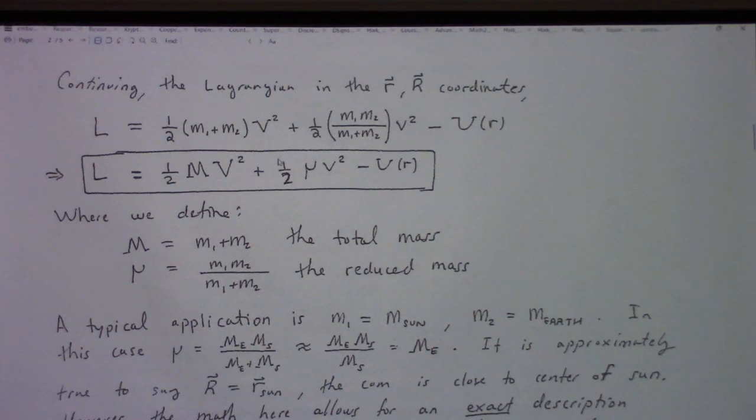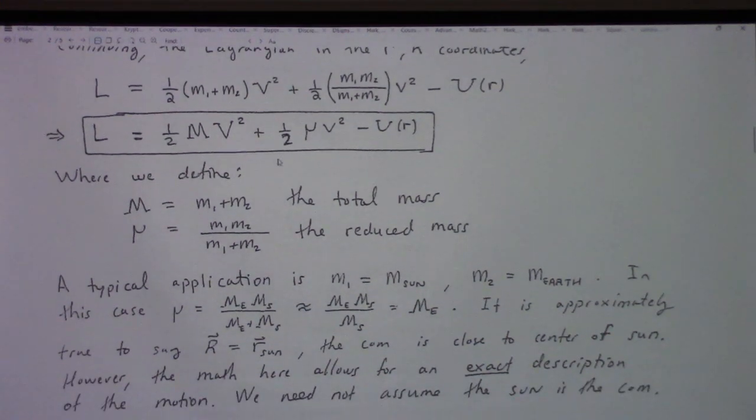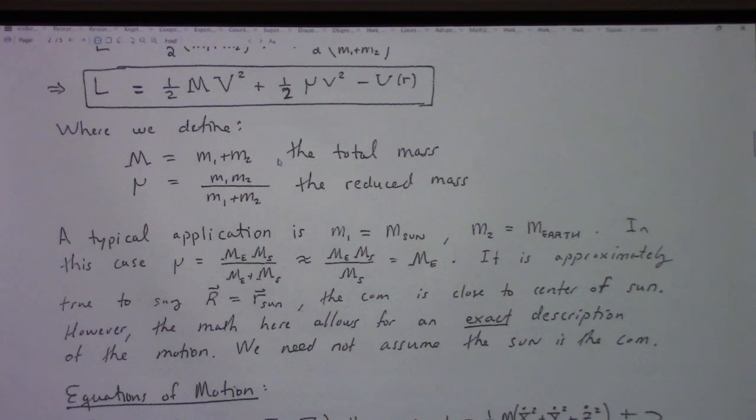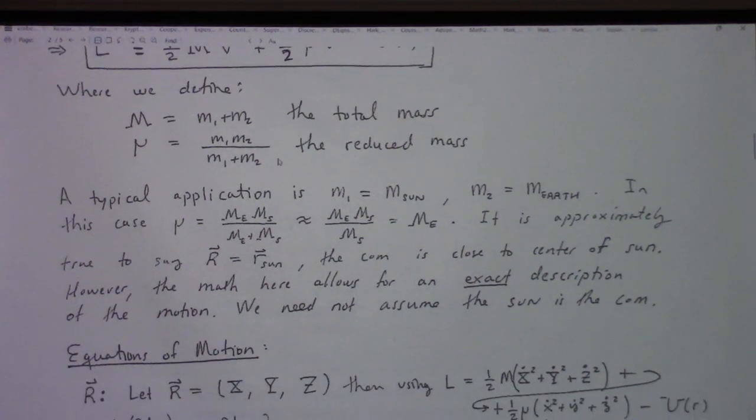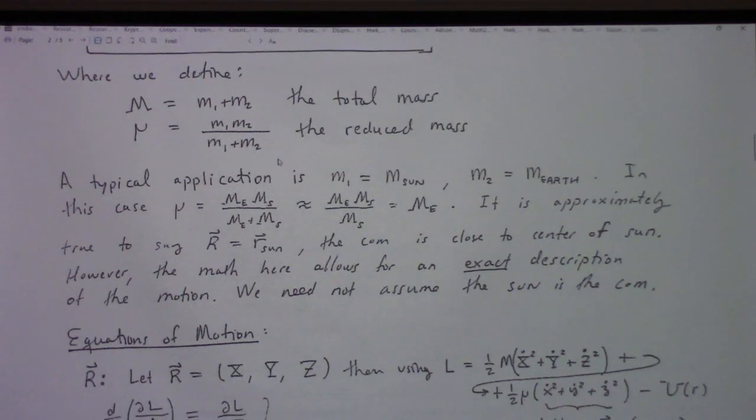Because most of the mass of the solar system is in the sun. The sun has a mass of like 2 times 10 to the 30th kilograms, whereas the earth mass is like 6 times 10 to the 24th or something, right? So the sun is something like 1,000,000 times more massive than the earth. And I don't think it gets much better for the other planets. I mean, some of the planets are bigger, right? But still, relatively speaking, the sun is heavy.